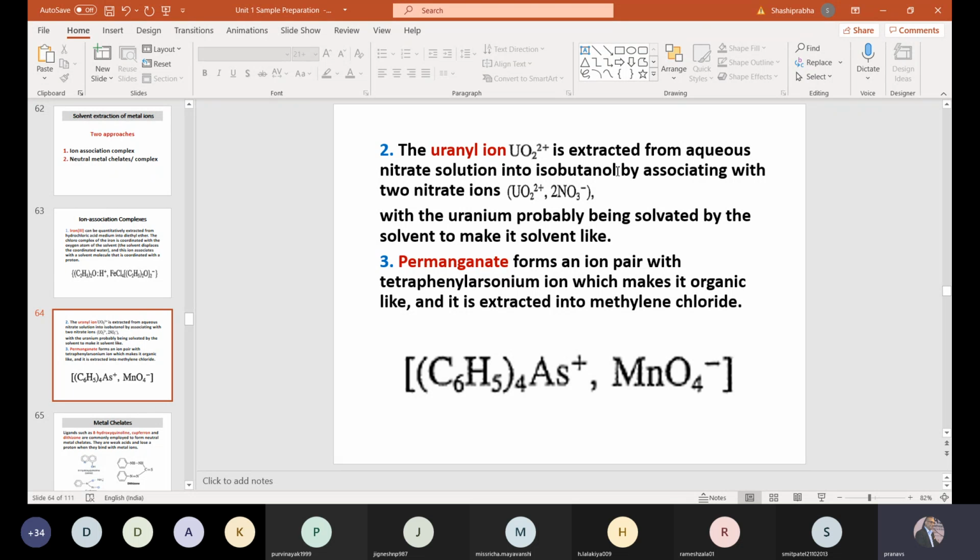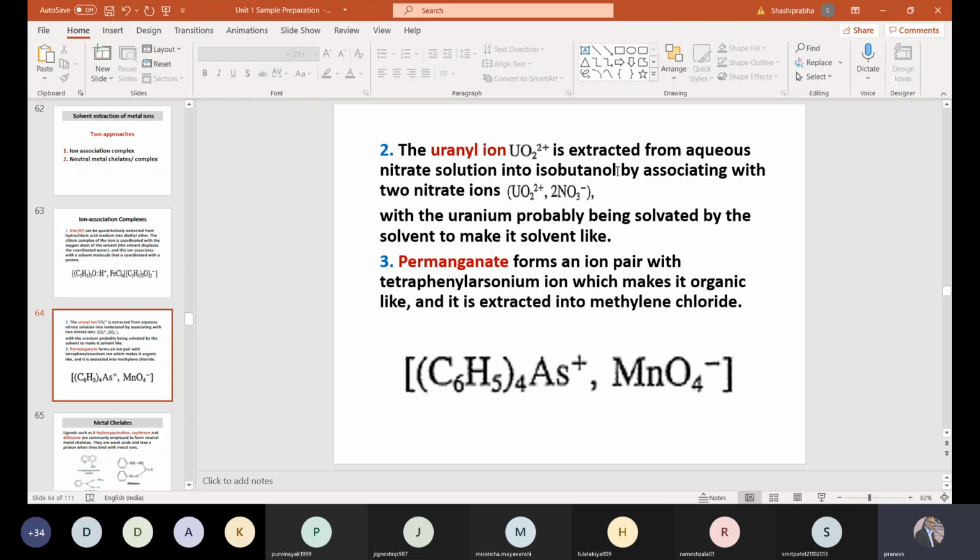You need a particular complexing agent to complex it, neutralize the charge and then extract into the organic phase. But here we don't need to add any complexing agent. The solvent itself plays a vital role in extracting and in solvating the species which is generated in the aqueous phase.